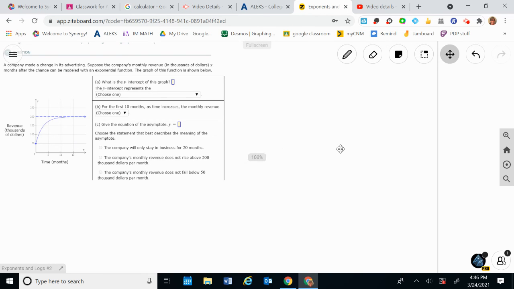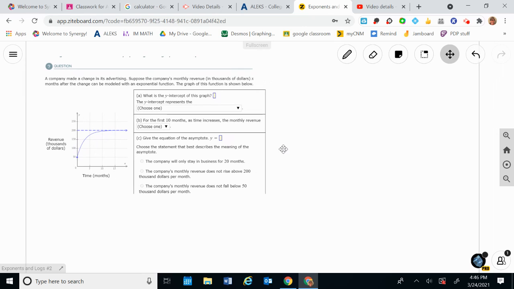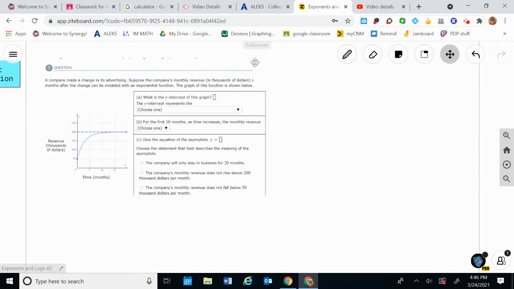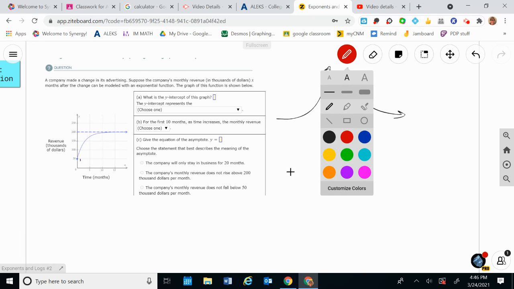In this question here, this is naming the asymptote of a log equation. So this is what a log equation looks like, you guys. Exponential looks like this, right? Or, logs look like this.